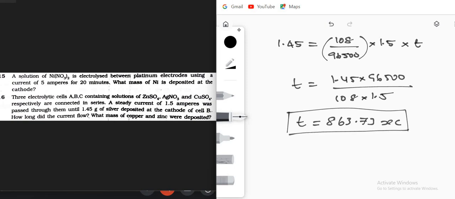If you want to convert this into minute, divide the value by 60. So if I divide this value by 60, I'll get roughly 14.39. Let me take it as 14.4 minutes. This much time must be consumed to deposit 1.45 gram of silver. Students, is this clear?